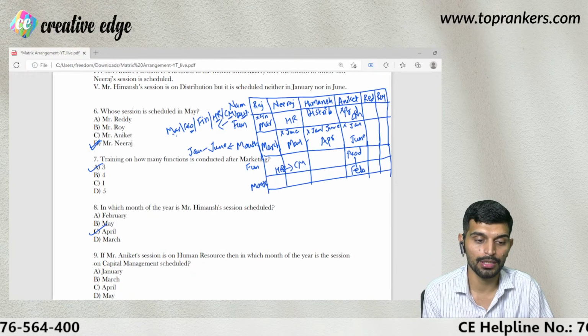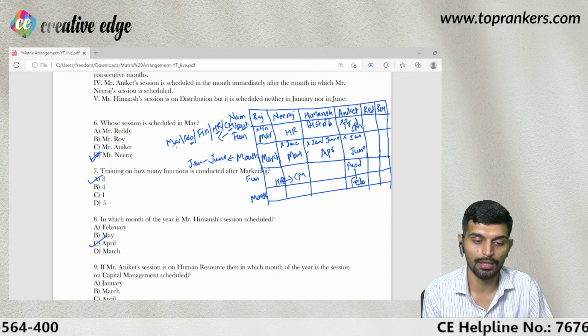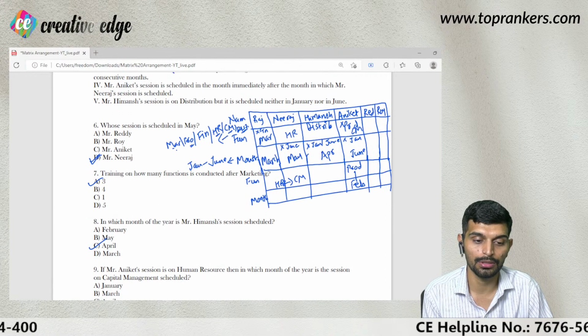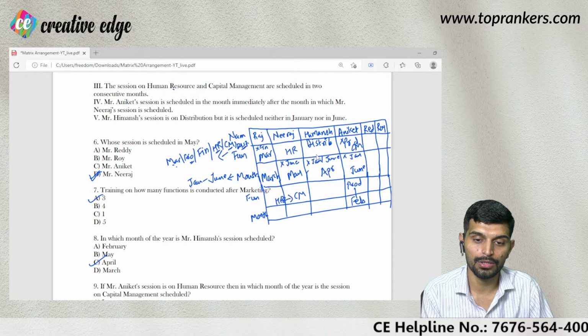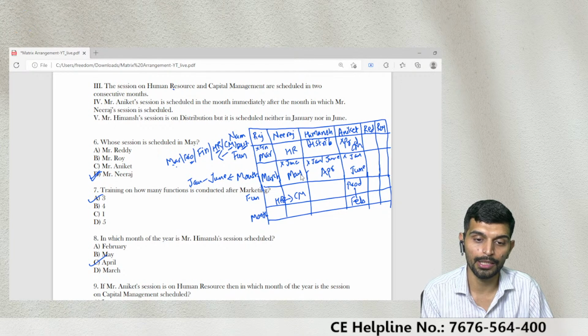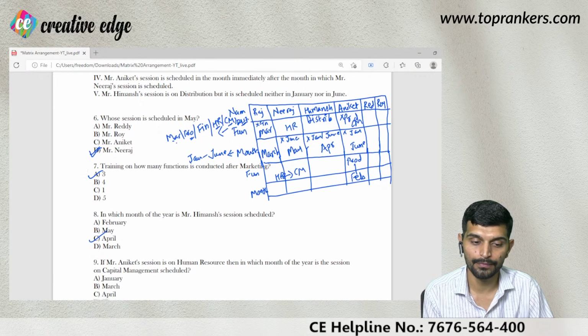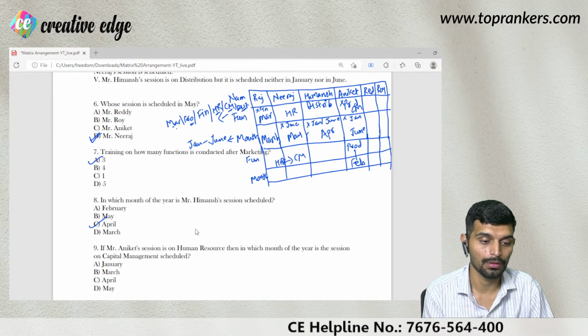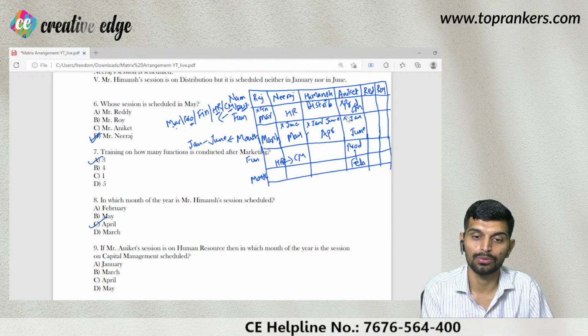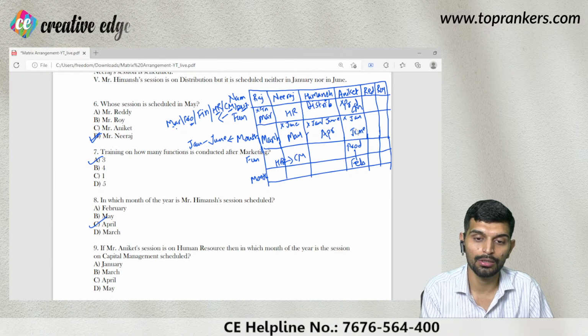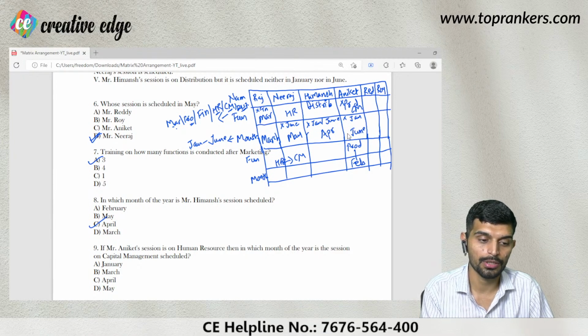If Aniket's session is on HR, then in which month is the capital management scheduled? If HR is given to Aniket, then capital management must be in June. So Aniket cannot take in January.